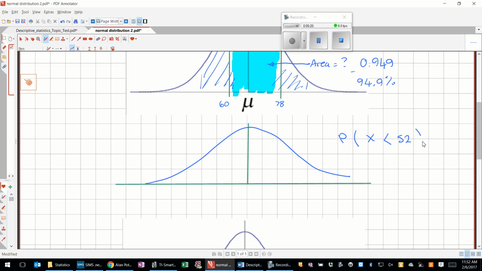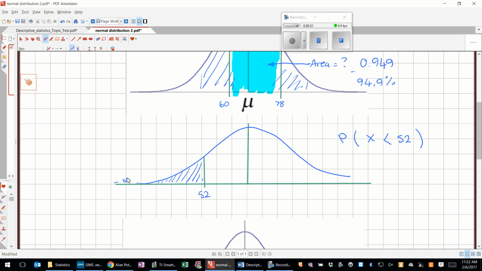In this case, we'd have to put our line at 52, and then less than would be all this space. But this line actually goes on forever, down to negative infinity. So we have to have a really, really small number.